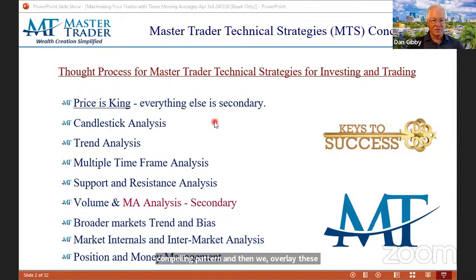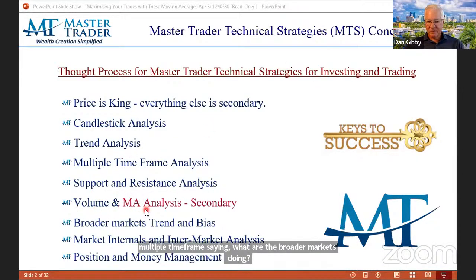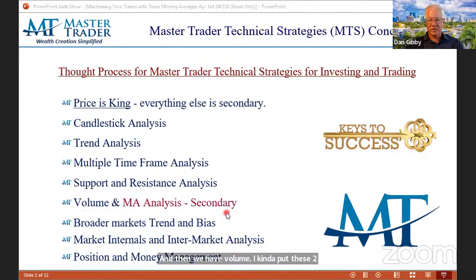Greg already touched upon many of them. So where is it in the trend? And support and resistance. What are multiple time frames saying? What are the broader markets doing? And then we have volume. I kind of put these two together because they're both what we call secondary. We don't need them. But as Robert said, why do we need this? And for some reason, the immediate thing that came into my head was, well, we drive an automobile and we don't need cruise control, do we?